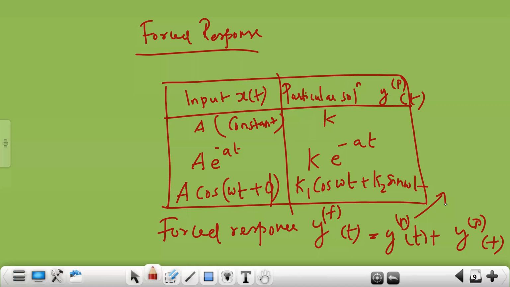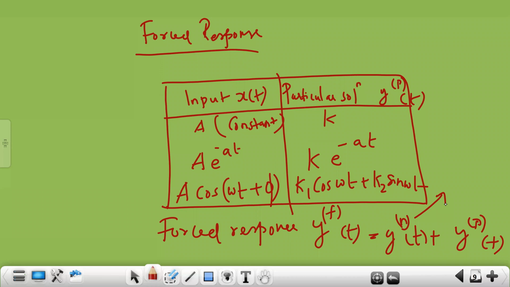I repeat, forced response is the sum of natural response and particular solution. Natural response means the output only depending upon initial condition, plus the output corresponding to your particular input, that is your particular solution.